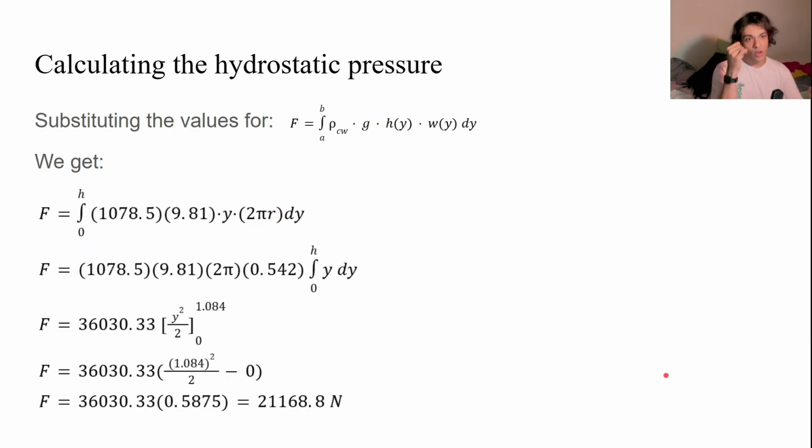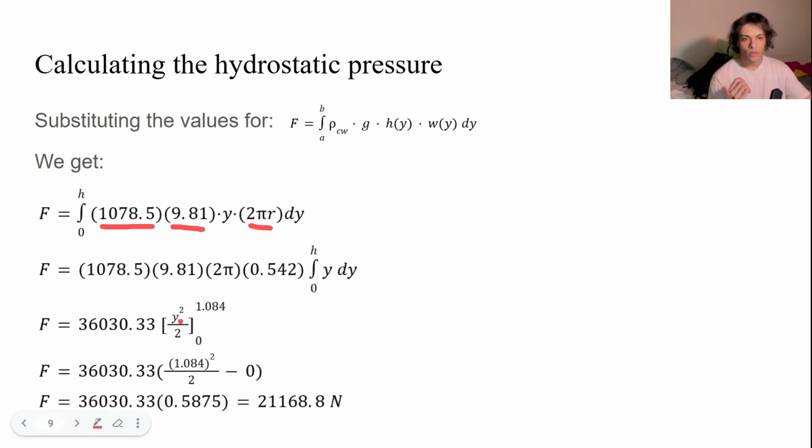Next, we just substitute everything. We have the density, and we have the lower limit and the upper limit. As we said, it's going to be from 0 to h, and we have the gravity value, and we have the 2 pi r, which is the circumference. Since we're taking the integral, we take all of these to the other side and we keep the y.